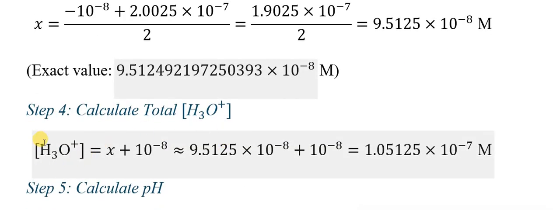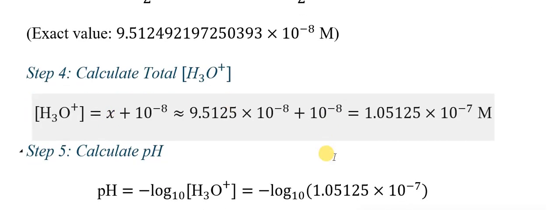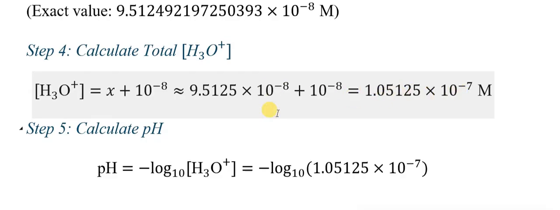We know from the previous equation that hydronium ion is equal to X plus 10 to the power minus 8, and we put the value of X from the quadratic equation in place of X, and we find the new value, that is 1.05 times 10 to the power minus 7 molar.